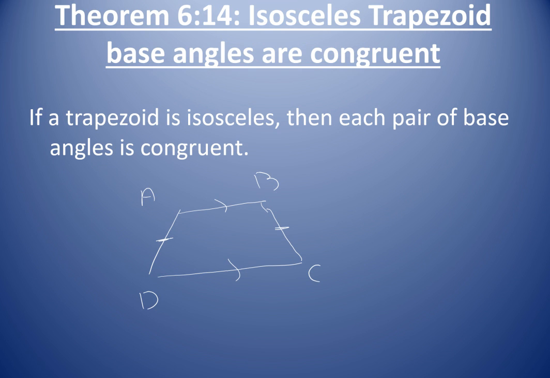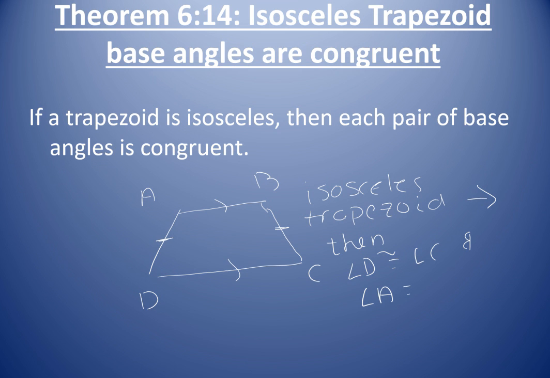So, because this is an isosceles trapezoid, the angles D and C are congruent, and angles A and B are congruent.